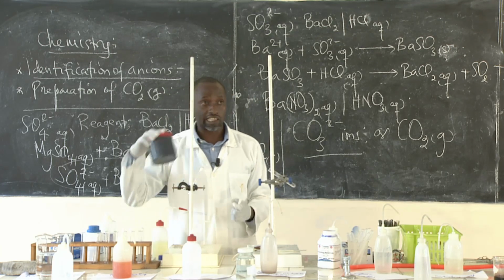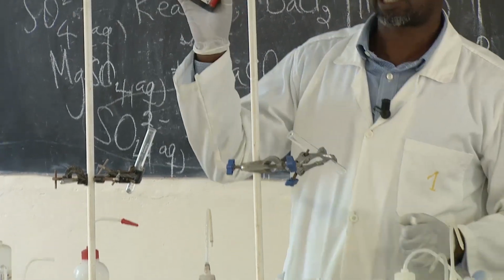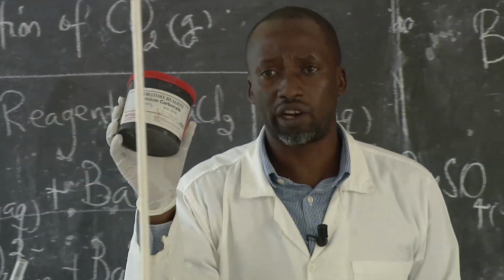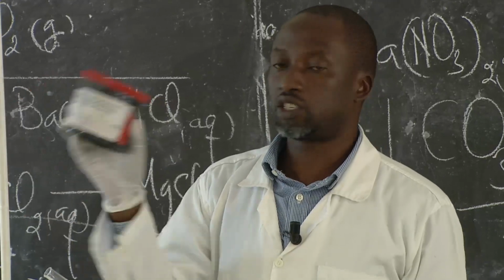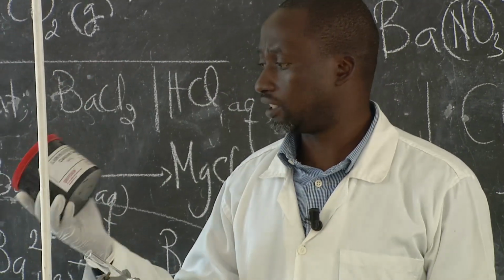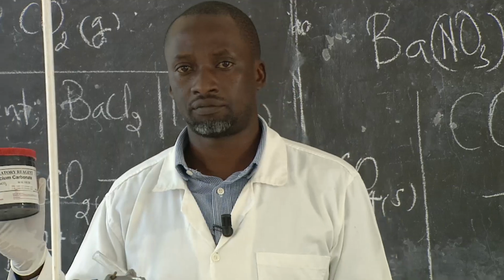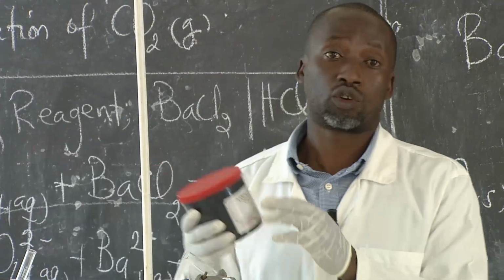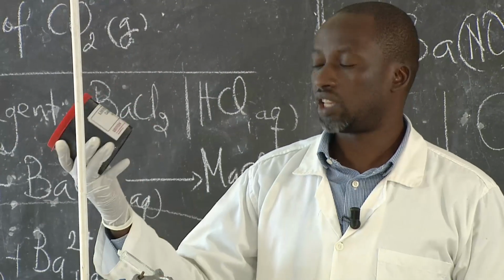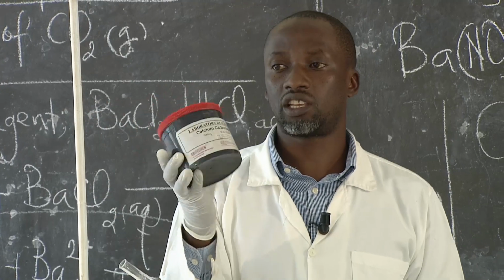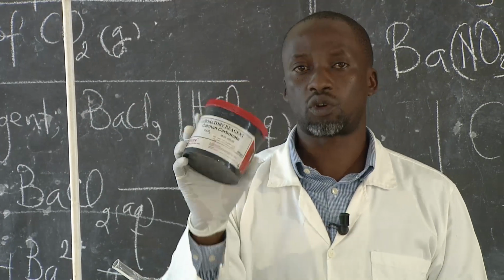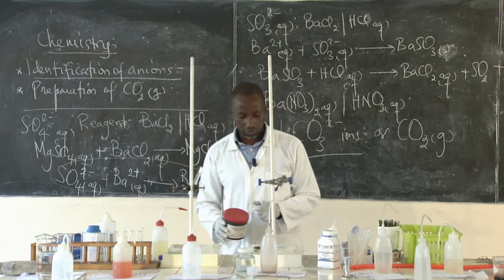And here with me, I just have calcium carbonate. This is the one which is commonly used. But if you don't have this one in the lab, don't mind. Just look for any other carbonate. Any other carbonate can also be used instead of the calcium carbonate. I'm just using this because it is the most common in the laboratories.